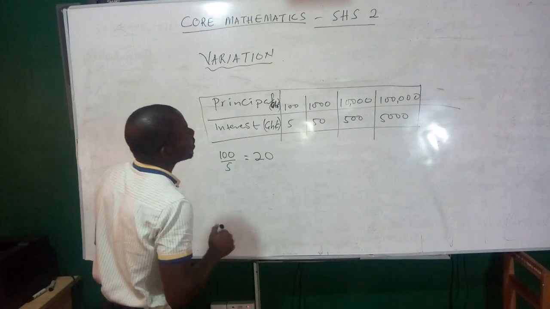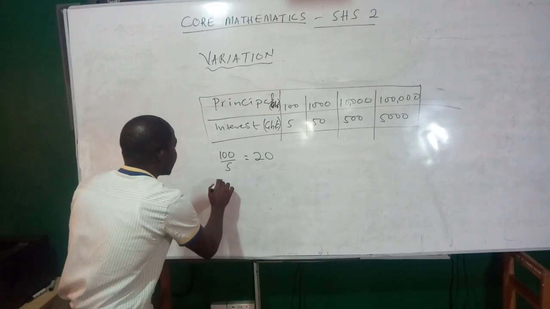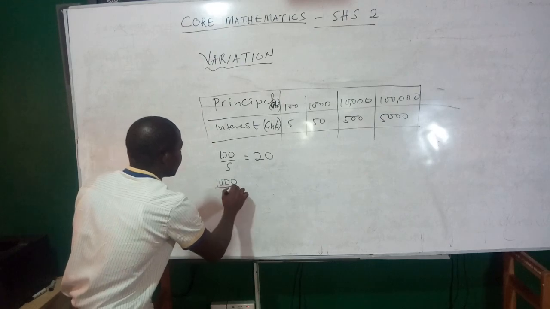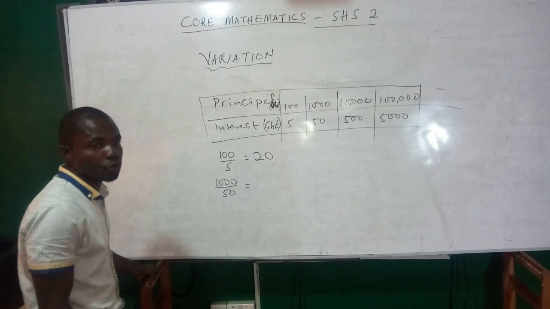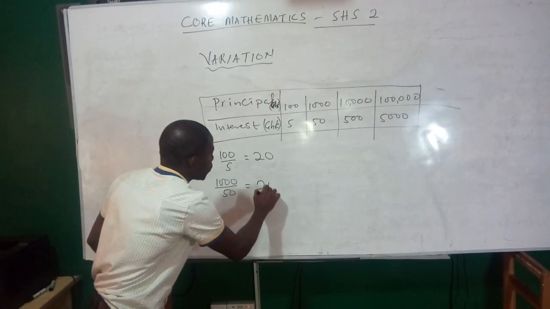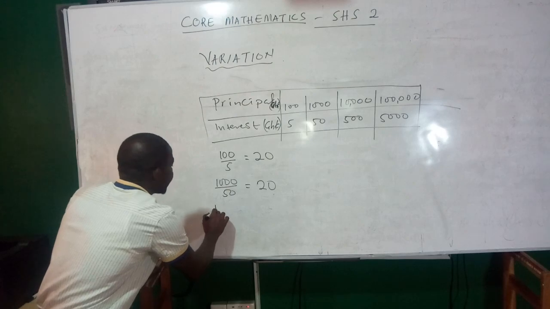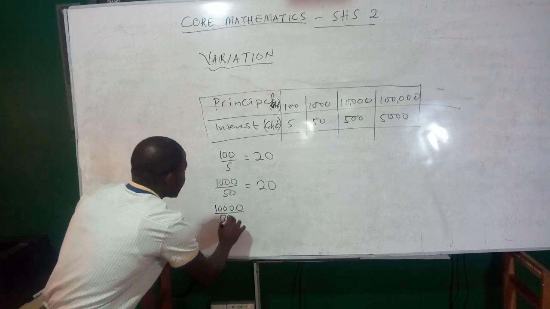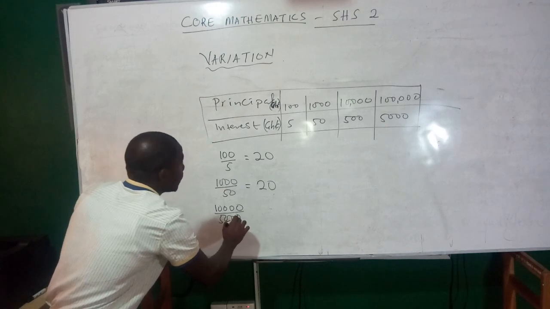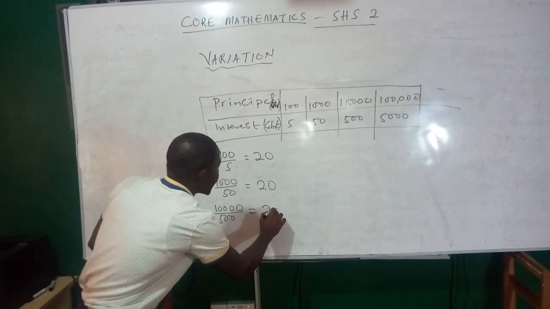Let's divide 1,000 by 50. This is also equal to 20. The third one is 10,000 divided by 500. This is also equal to 20.